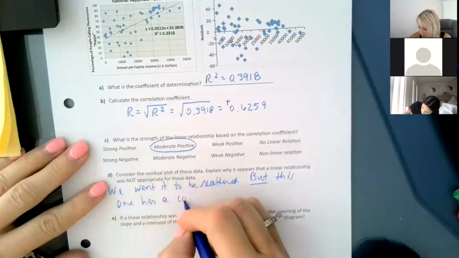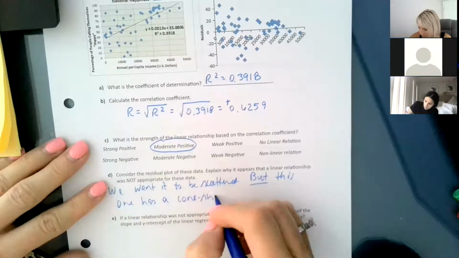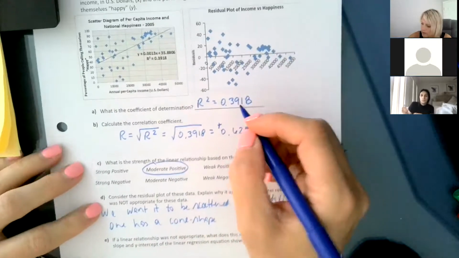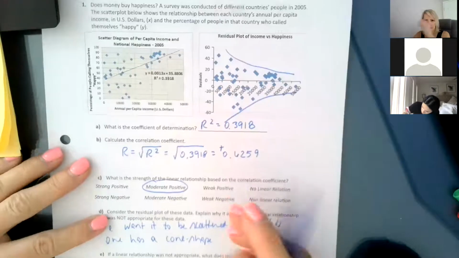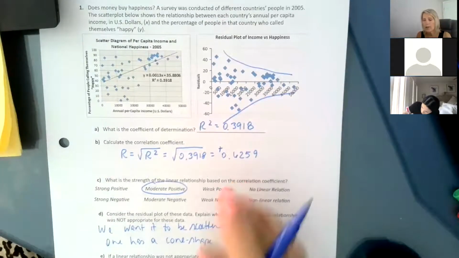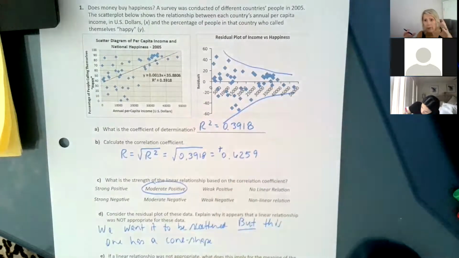It has a cone shape. When the residuals are scattered, it means our error is also scattered, and that's what we want. We want our error from the equation to be scattered and random, just like the natural error that's going to occur.